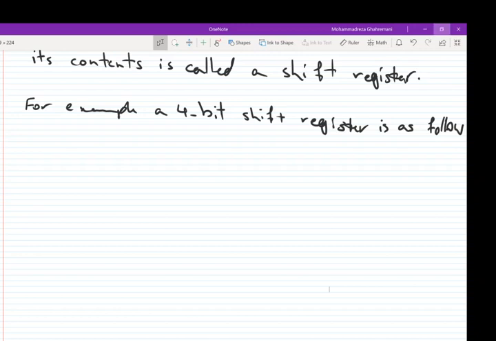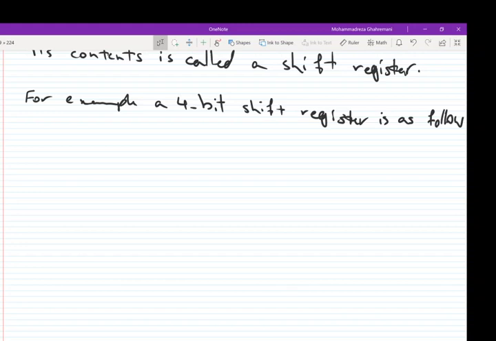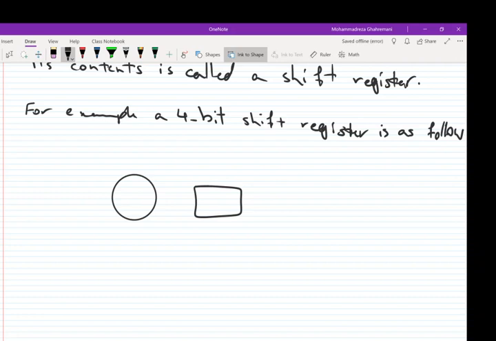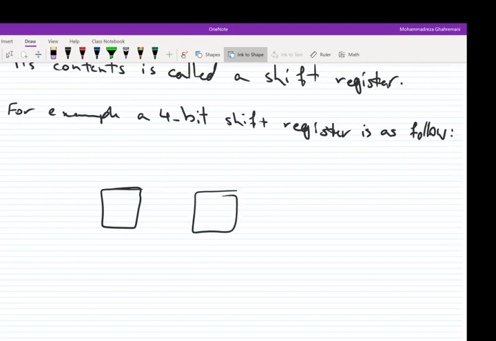Let's have 4 D flip-flops: 1, 2, 3, and 4.